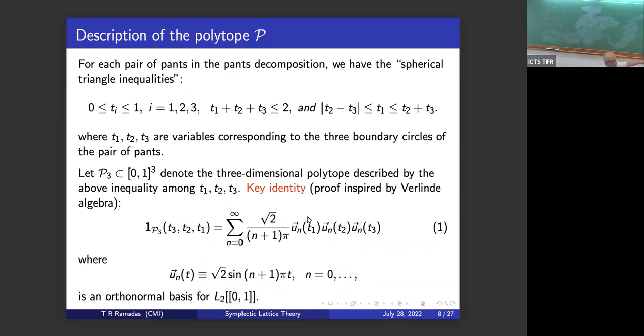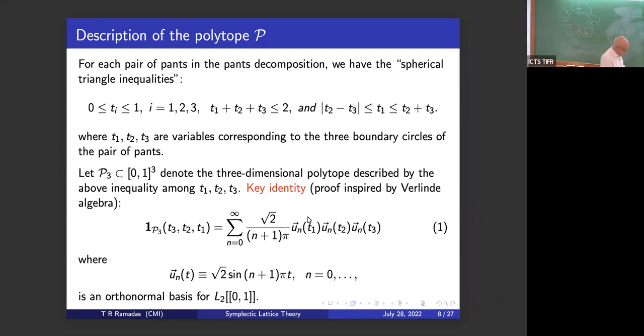And what you get will be things like this. So there'll be N1, N2, and then you will have U_N1(TA), U_N2(TA), where TA is this variable. And when you integrate over TA, you will get a delta function N1 equal to N2 because of the orthogonality of the U_N's. So all the N's get identified around the loop.